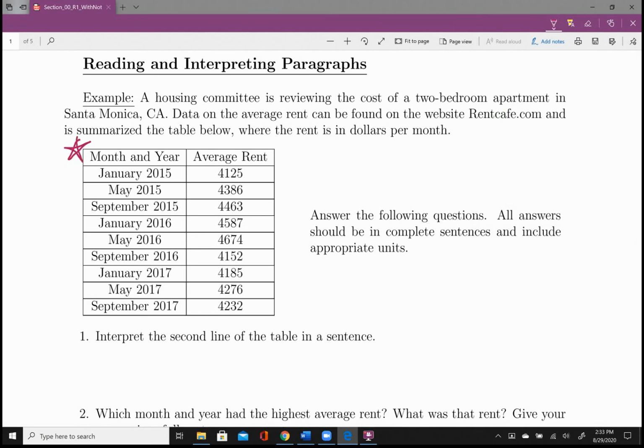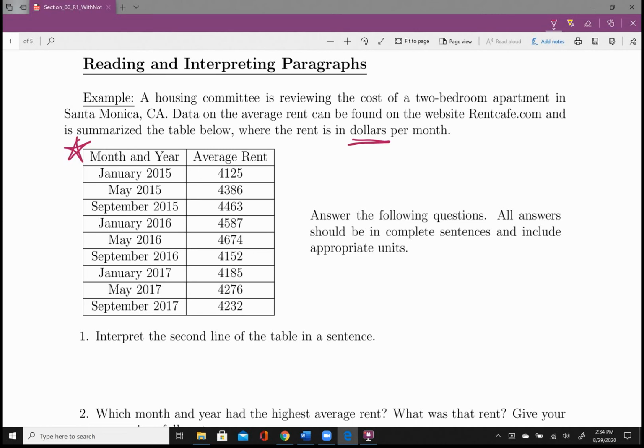I just wrote a little star next to it. There are two columns: the month and year column and the average rent column. And the average rent is in dollars. There's no dollar sign there, but it is implied in the prompt that the units for the second column are in dollars.